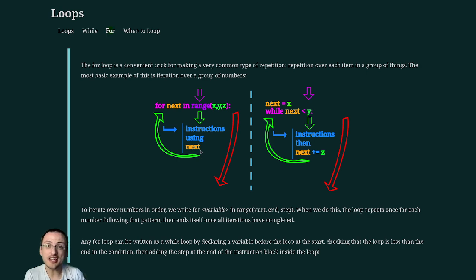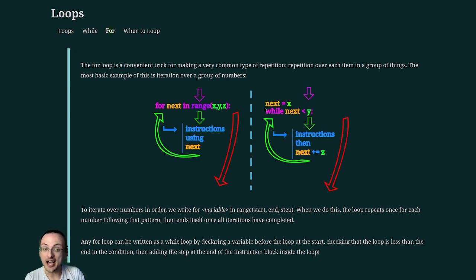Otherwise, the loop actually isn't that different from the one that we looked at before, and in fact, every single for loop that ever existed, that ever will exist, you can write it as a while loop, because all this is saying is I've got some variable that starts at this value x. I'm checking that I am not yet at the value y, and each time I am changing by the value in z.